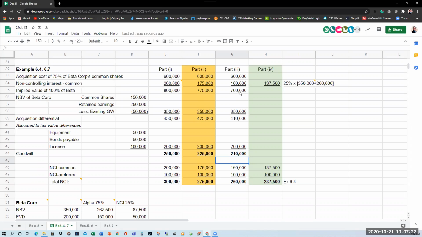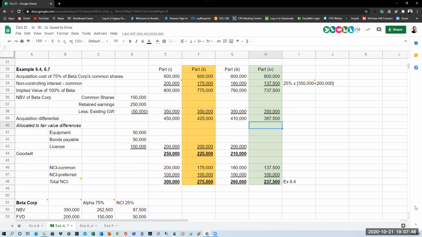All right. Now, if we try doing that for part four, the parent's acquisition cost was 600,000. Total implied value 737,500 includes book value of 350,000.